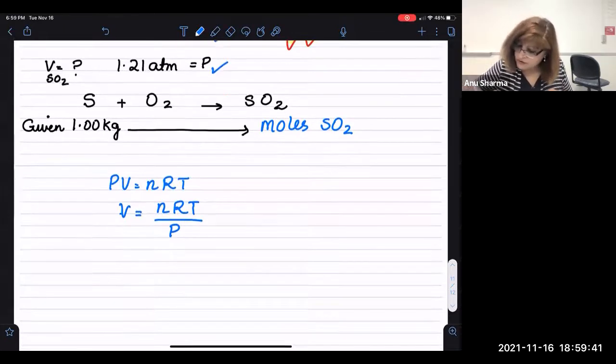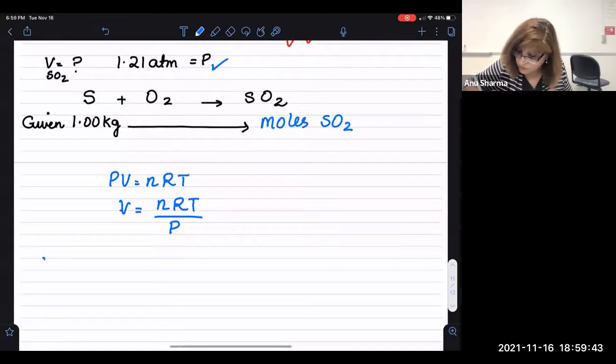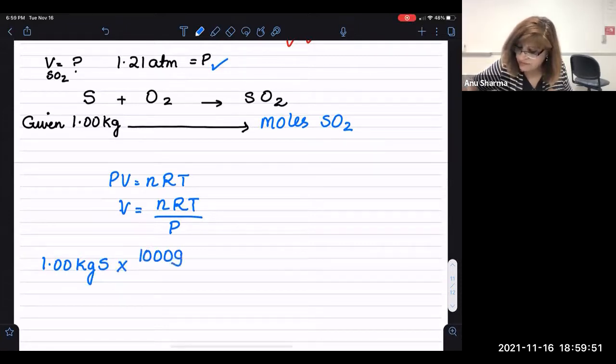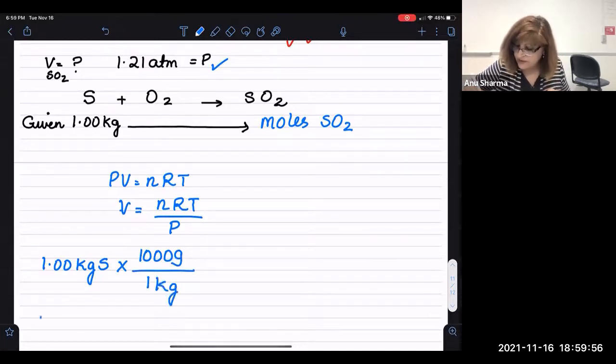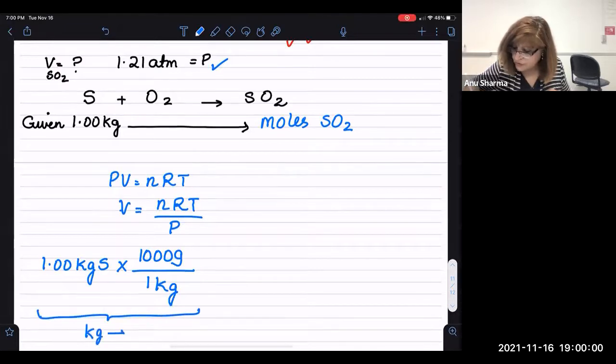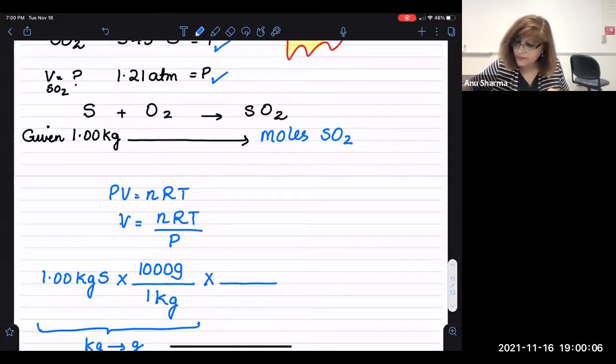So let's do this. First thing is 1.00 kilograms of sulfur, convert that to grams. So 1000 grams over 1 kilogram, that converts the kilograms to grams, times, then next, in this case, it's a 1-to-1 ratio.